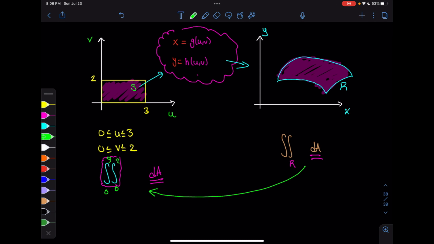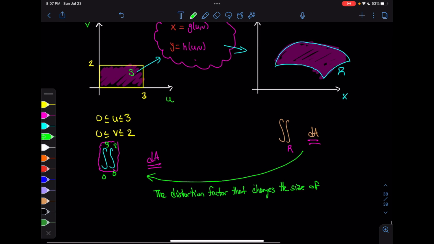We call that the distortion factor that changes the size of dA.